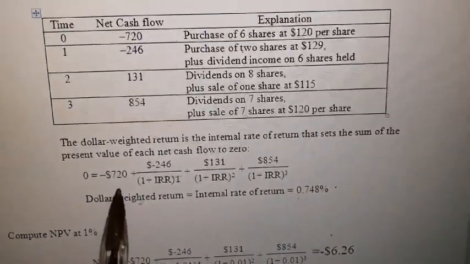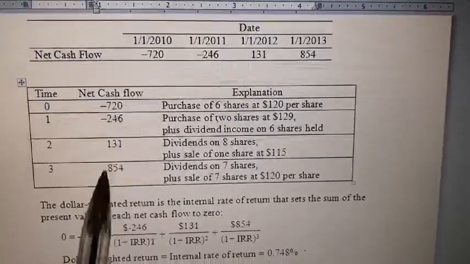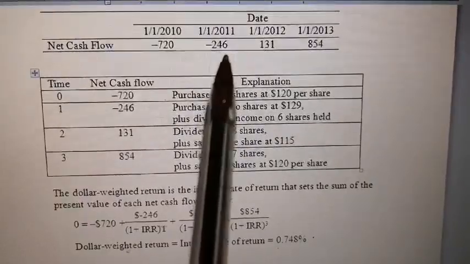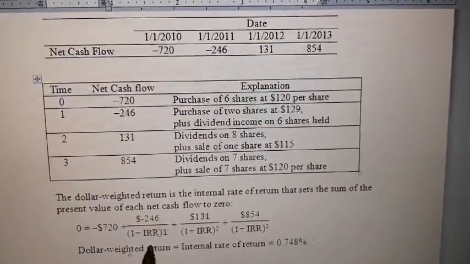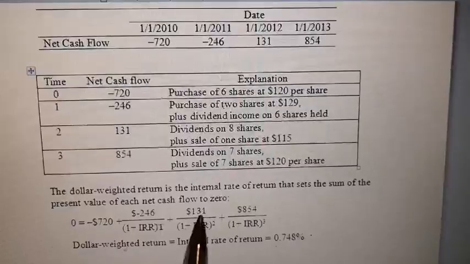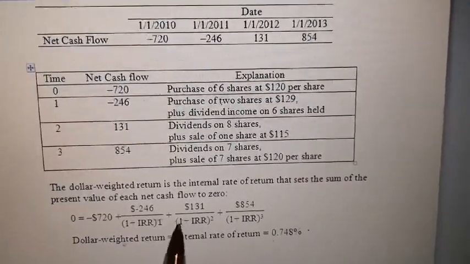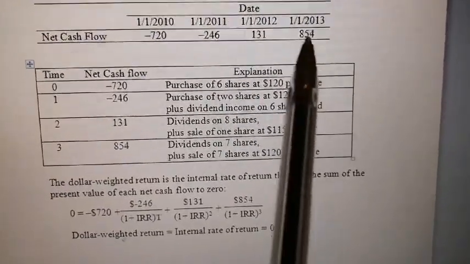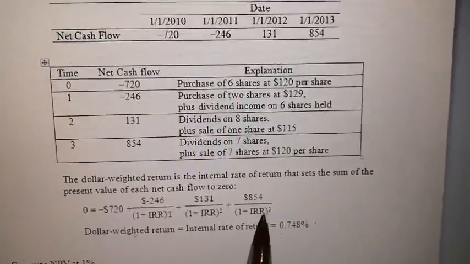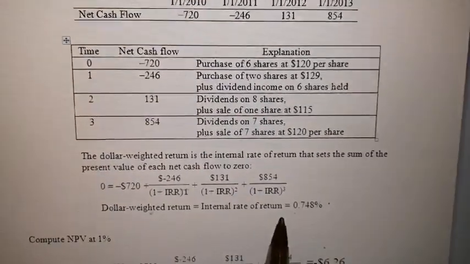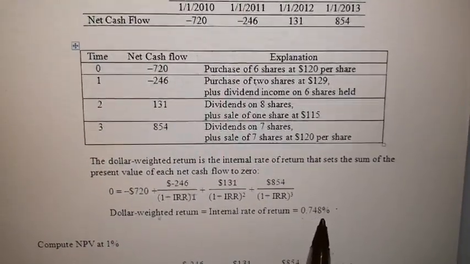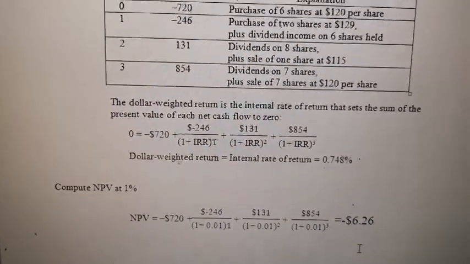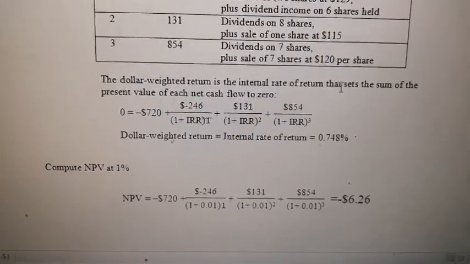So 0 equal first cash flow at time 0 minus 720 plus second cash flow at time 1 minus 246 over 1 plus IRR power 1 plus 131 over 1 plus IRR power 2 plus 854 over 1 plus IRR power 3, and the answer is 0.748%. It can be computed either through financial calculator or through Excel or through trial and error.